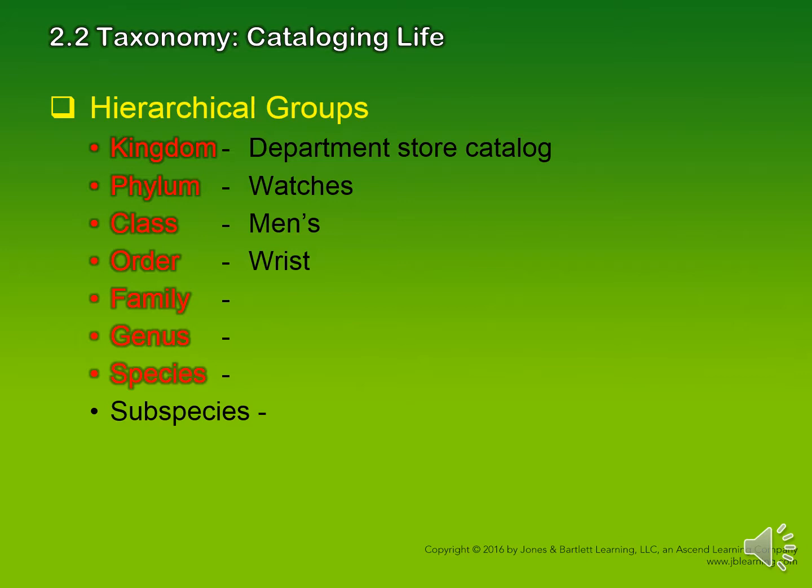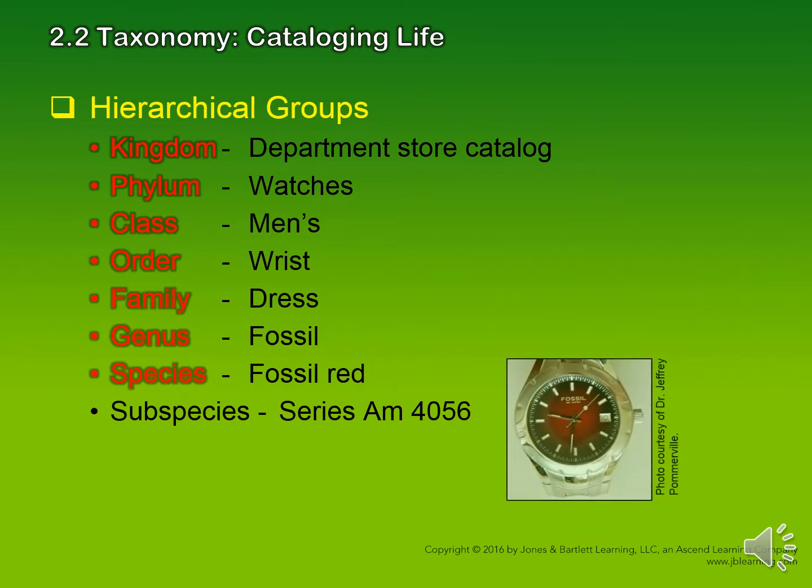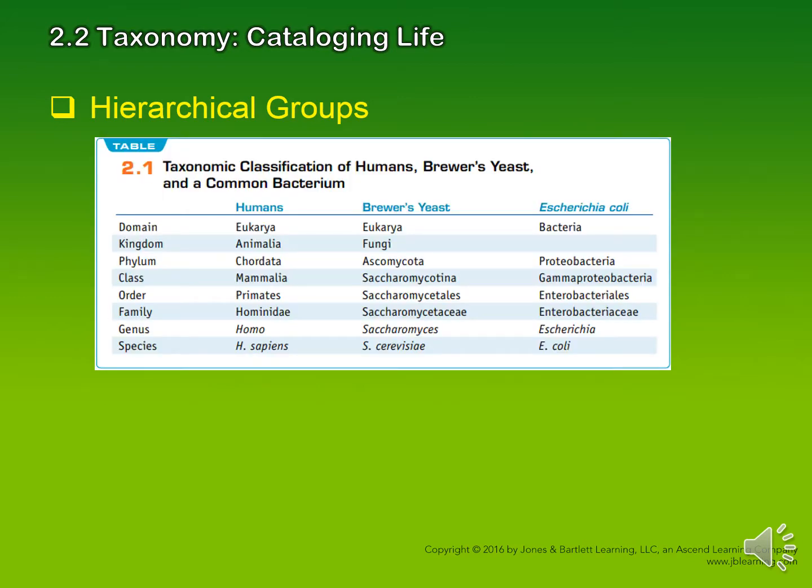We could have wristwatches. Then the family would be dress watches. Genus could be the brand, the Fossil brand, and then the subspecies would be a Fossil model, which would be a very specific watch, and you could also have one that would have the serial number on it. Okay, so this is how you'd classify this watch.